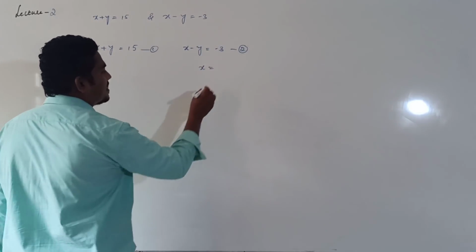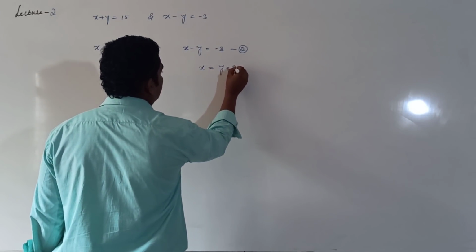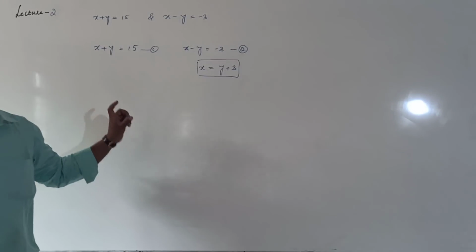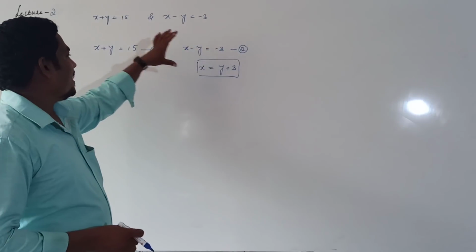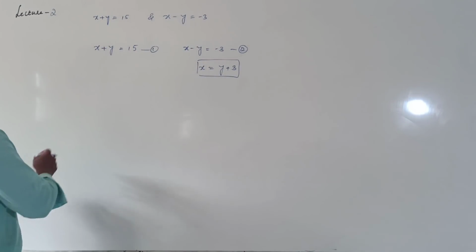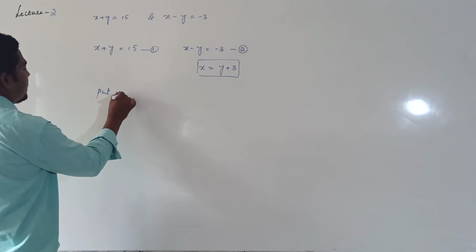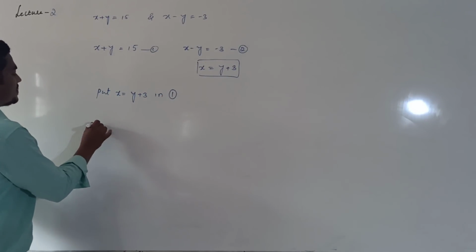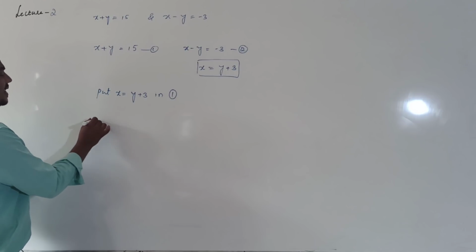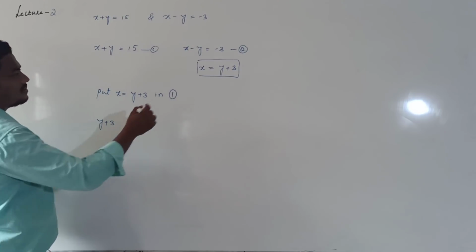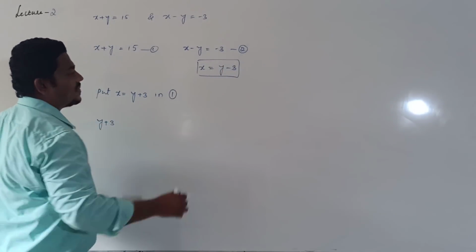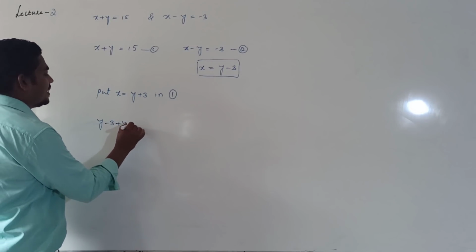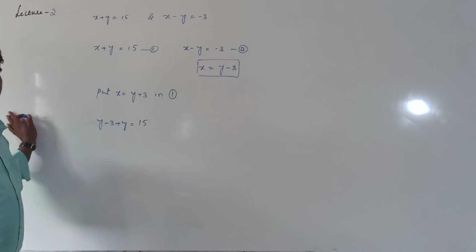Send minus y to the RHS, then it will be y plus 3. Sorry, not y plus 3, it is y minus 3. Now put the x value in equation number 1 by the method of substitution. Substitute the x value in equation number 1. Put x equal to y minus 3 in 1. Then it becomes y minus 3 plus y, which remains as it is, equal to 15.